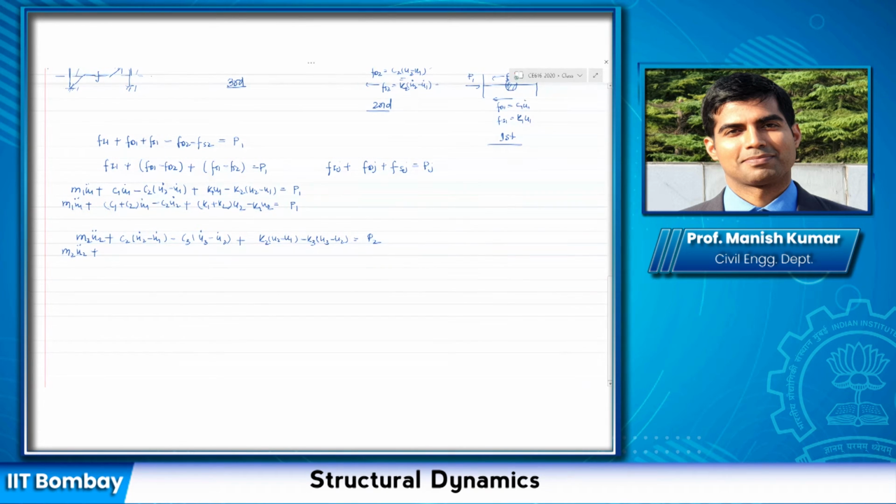okay, this would be here minus c2 u1 dot plus c2 plus c3 times u2 dot, and then I have minus c3 u3 dot term, plus, or let us say again minus here, minus k2 u1 plus k2 plus k3 times u2, minus k3 u3 here, that is equal to p2.